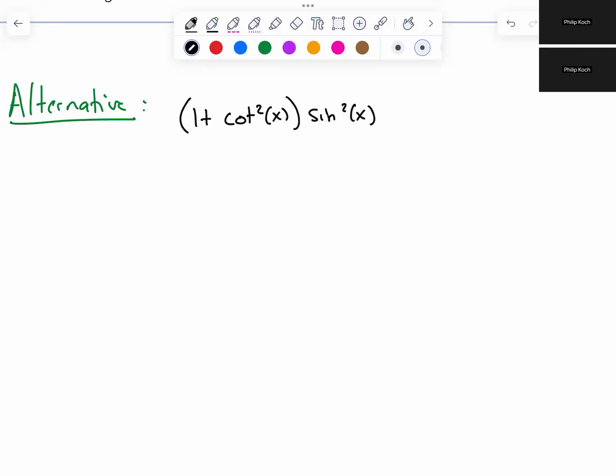If you don't remember the Pythagorean identity, one thing I know about cotangent is that it's cosine over sine. So I could rewrite this as 1 plus cosine squared of x over sine squared of x, times sine squared of x.